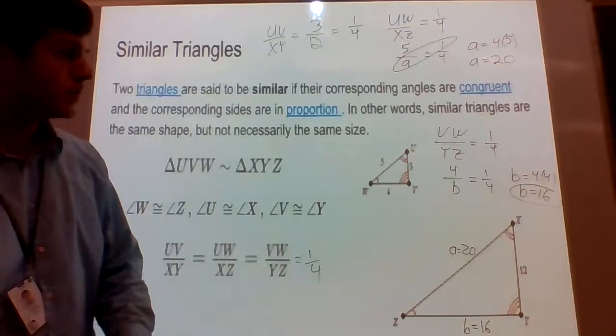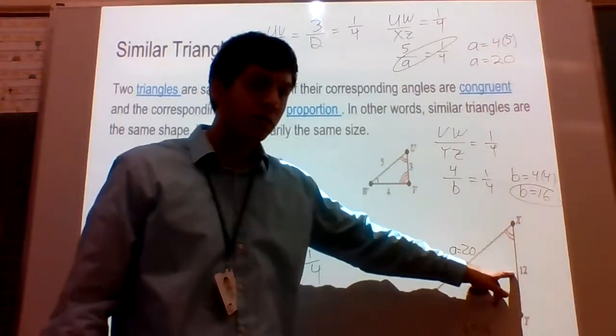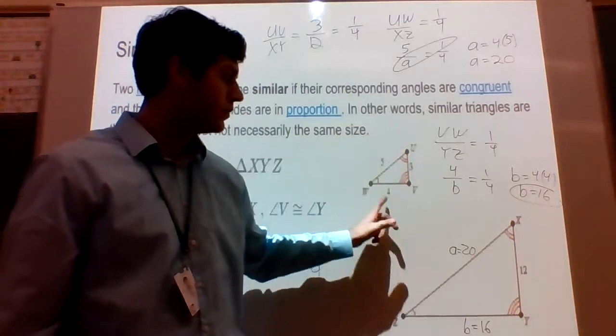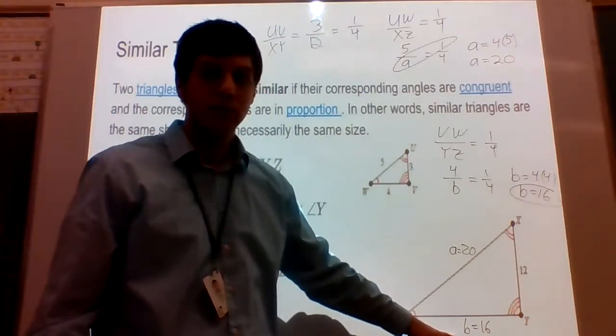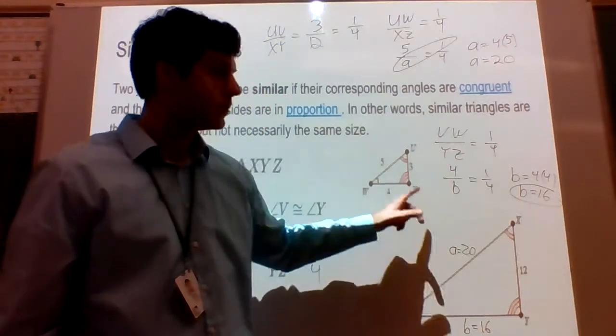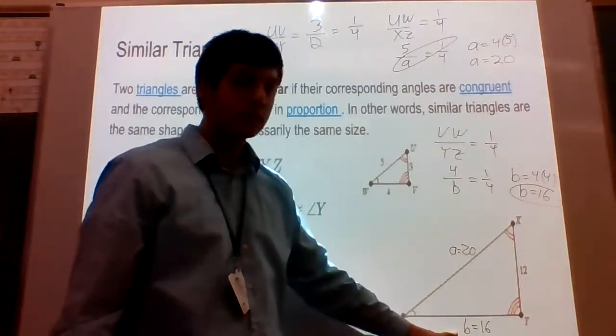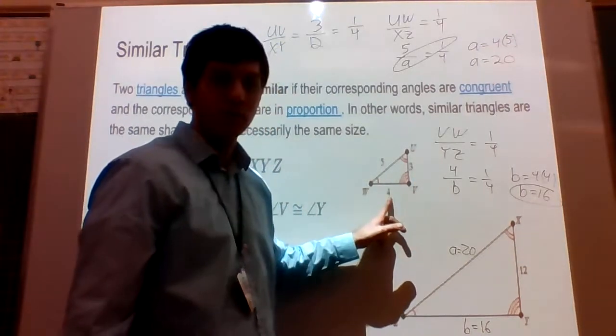And what do we notice here? 3 times 4 is 12. 5 times 4 is 20. 4 times 4 is 16. 20 times 1/4 is 5. 12 times 1/4 is 3. 16 times 1/4 is 4.